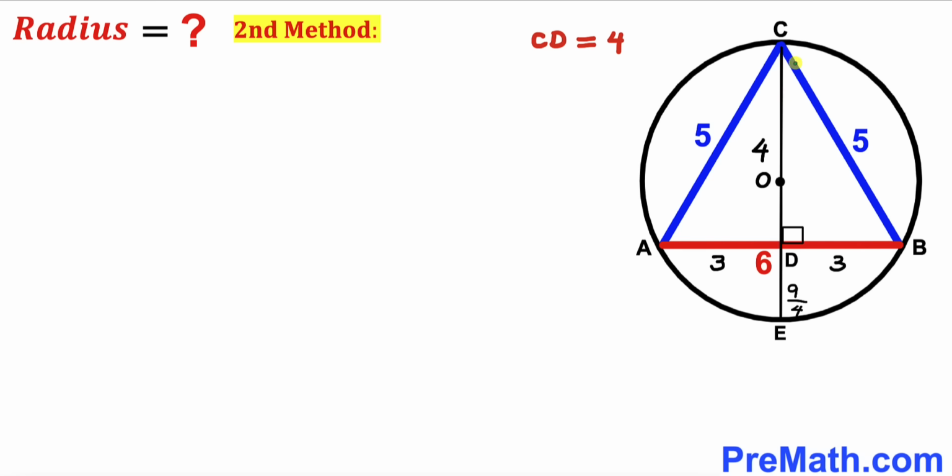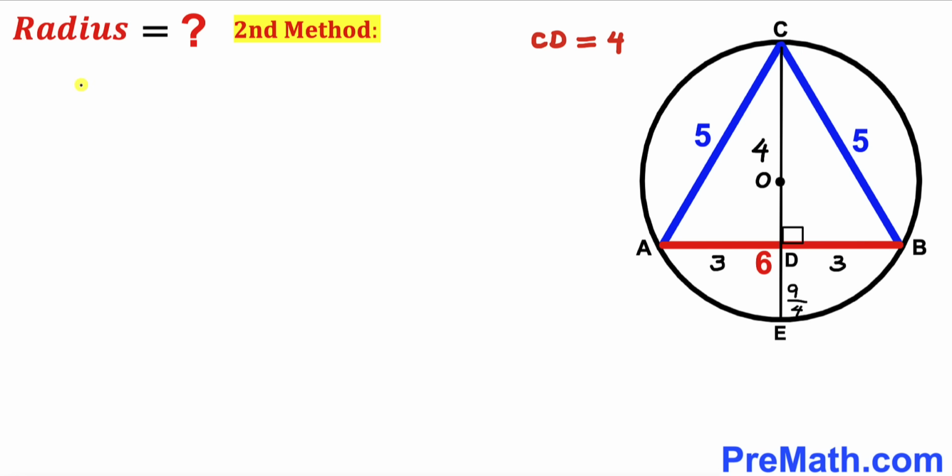Now let's make an observation. We know that this CD length is 4 units, and this tiny segment DE is 9 divided by 4. So this whole diameter CE length is going to be equal to 4 plus 9 divided by 4.